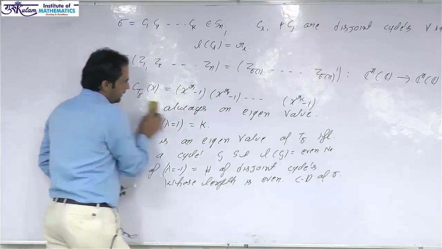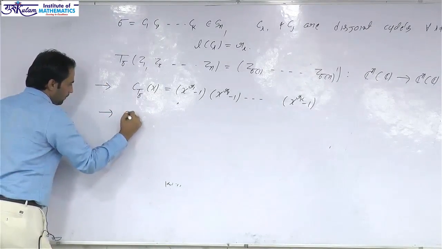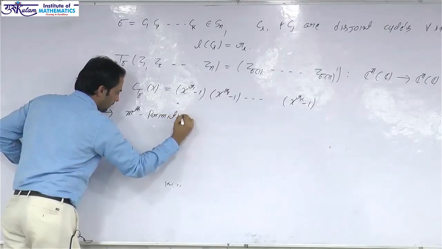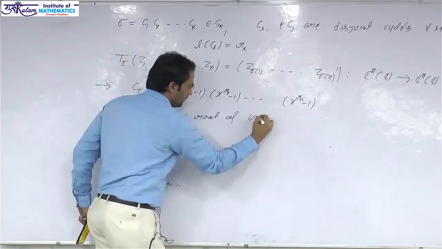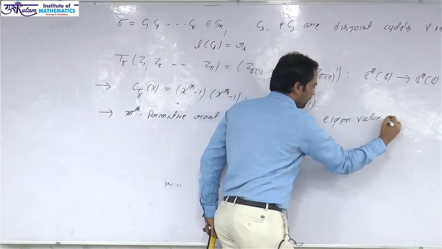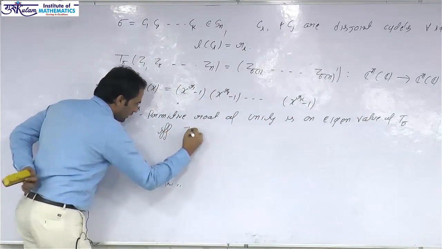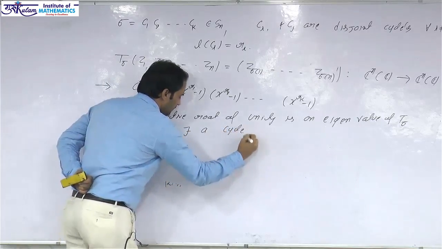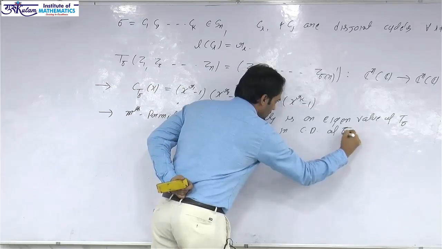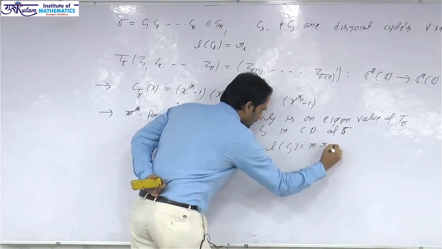From this characteristic polynomial, you can easily check the eigenvalues are some rth roots of unity. So the next property is: an mth primitive root of unity is an eigenvalue of T sigma if and only if there exists a cycle Cj in the cycle decomposition of sigma such that the length of Cj is a multiple of m.